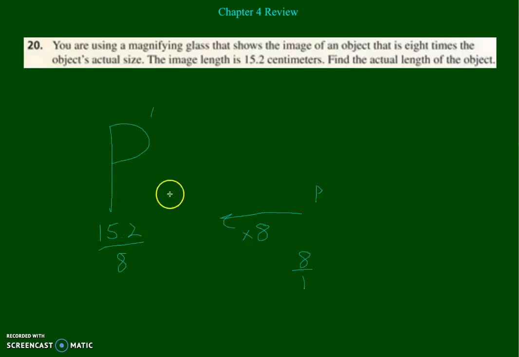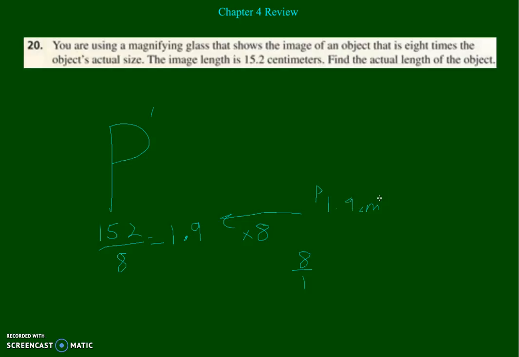So to get from P prime to P, we divide 15.2 by 8, which gives us 1.9. So your original object is 1.9 centimeters.